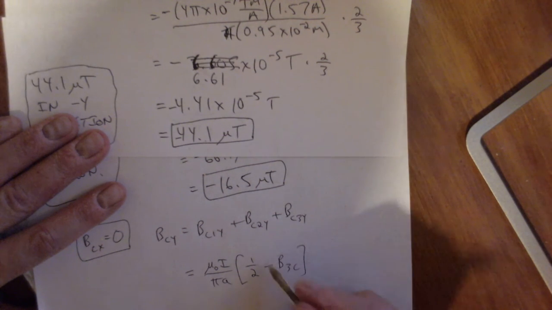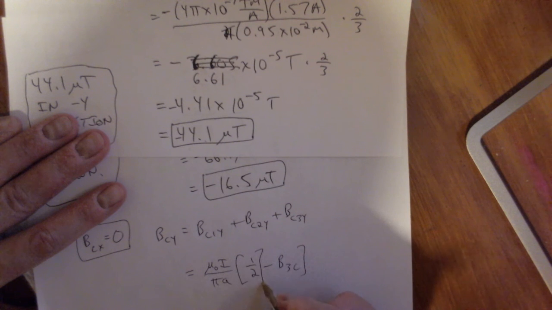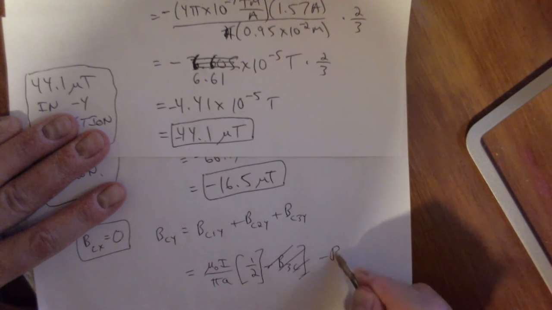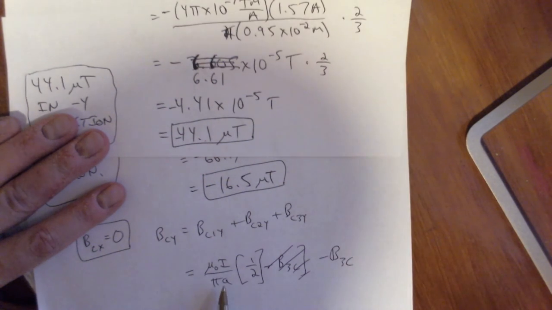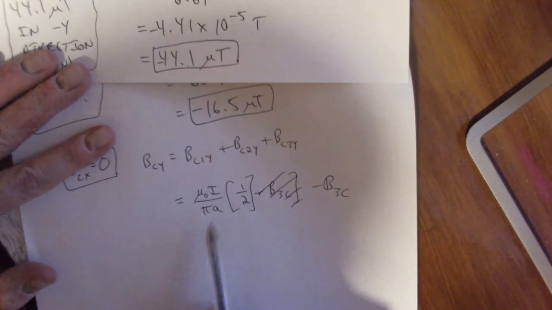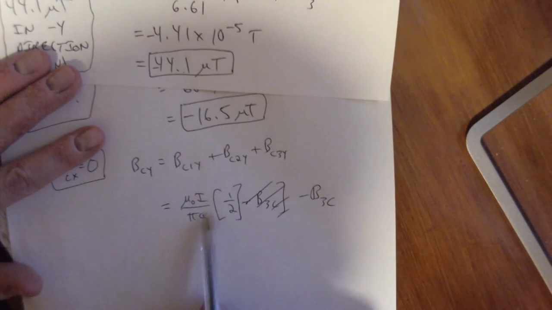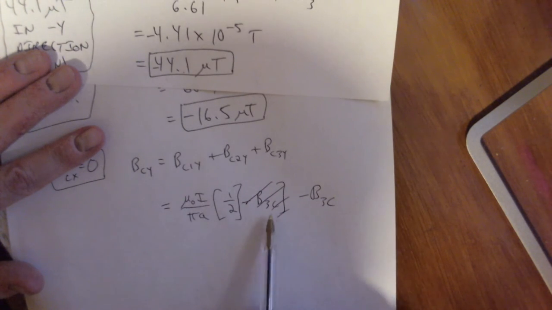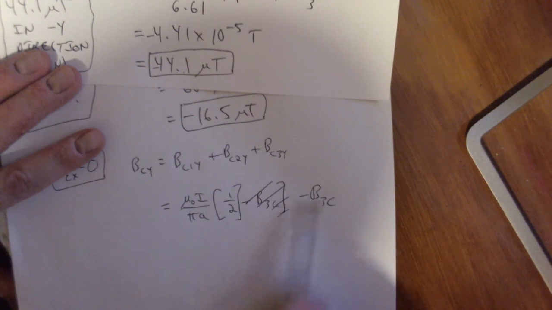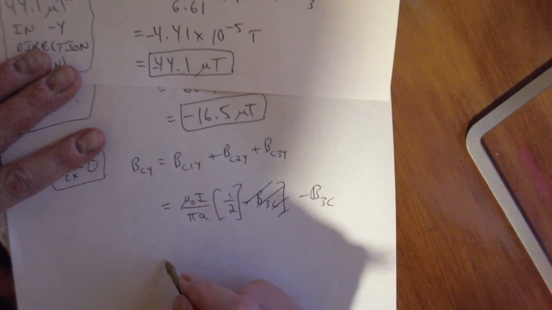Bad notation. Okay, so this is what I mean. Because this whole thing is the sum of the y components for 1 and 2. And then B3 at C, I'm just taking off by itself. And I'm going to work on what that is now.